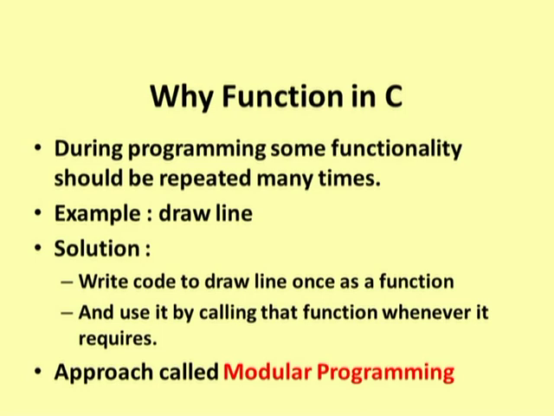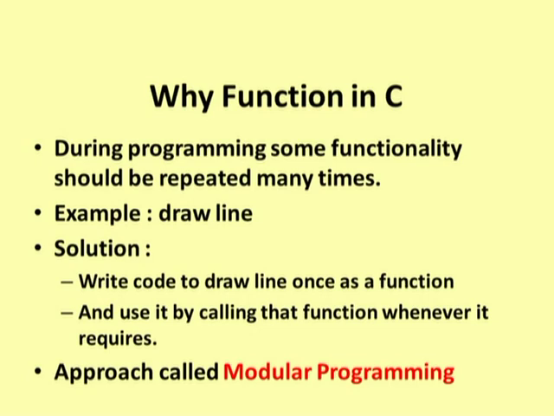So here the solution is given below, that is, write the code to draw a line once as a function and use it by calling that function whenever it is required. Now in C, this approach is called the modular programming approach. In short, C is called a modular programming language.